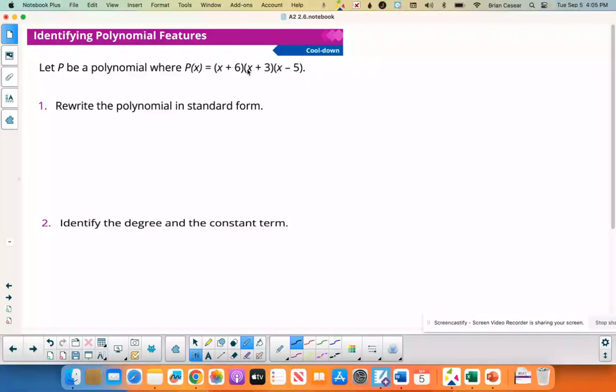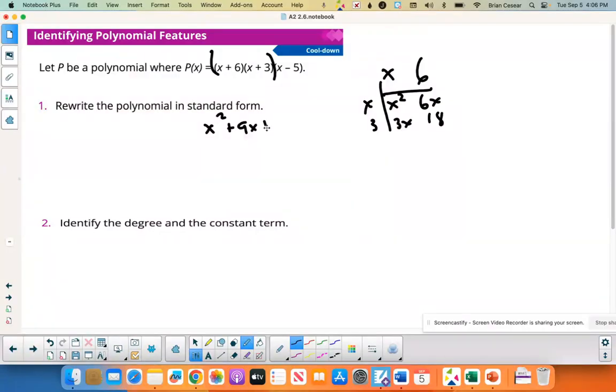All right, last thing, cool down. So rewrite this polynomial in standard form. So let's do this. Group any of them together. I'll do the first two. Multiply your box. Combine like terms. So really I have x squared plus 9x plus 18 times x minus 5.